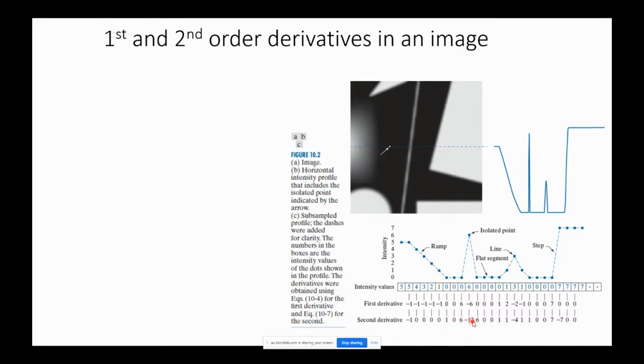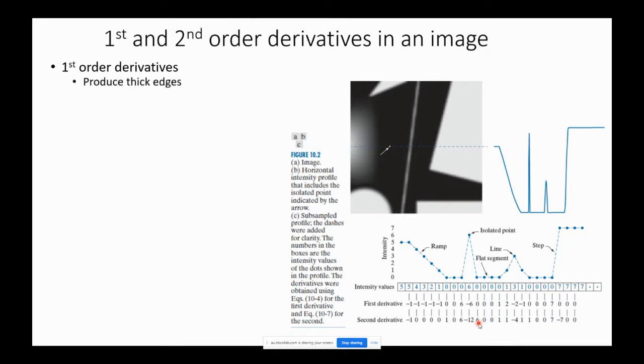And whenever there's this abrupt change or an isolated point, you have a very sharp increase here, from 6 to -12 and to 6. So the main idea of using the first and second order derivatives is to guide you to locate points, edges, and lines.